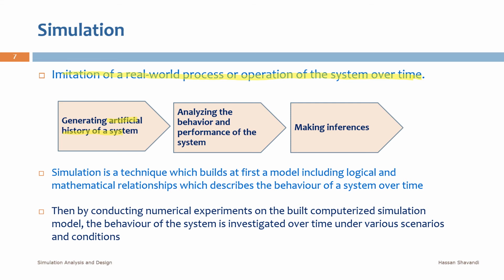Since it is based on the simulation, we call it the artificial history of the system. Based on this artificial history, we analyze the behavior and performance of the system, and based on this analysis, we can make our inferences about the real system. This is how a simulation model works.